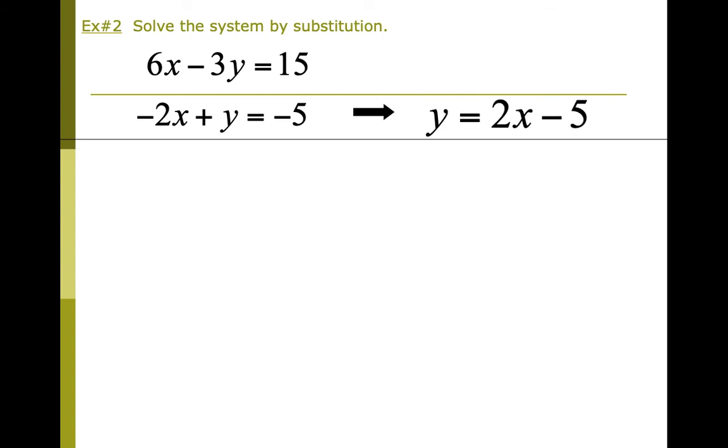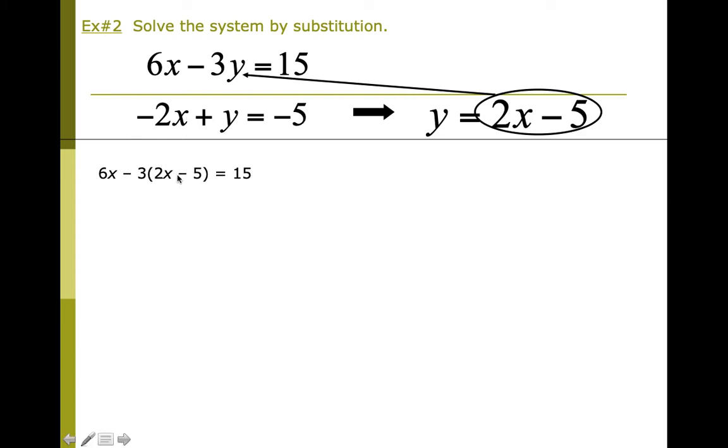Same process, solving for y. So to solve for y, you add 2x to both sides. Add 2x, add 2x. So 2x minus 5 is equal to y. So in my other problem, instead of y, we're going to substitute 2x minus 5.